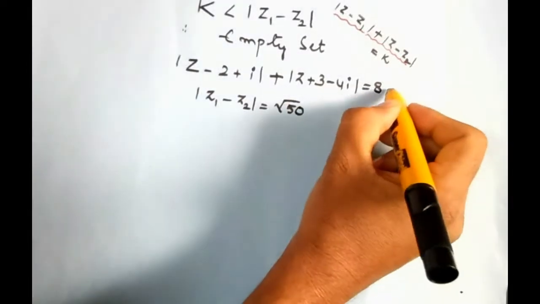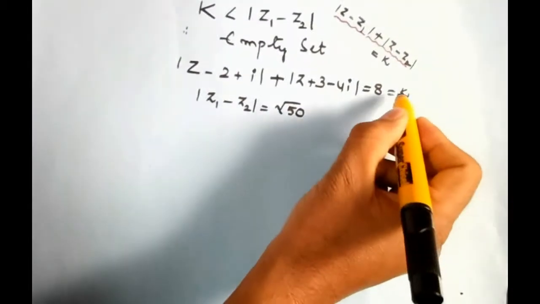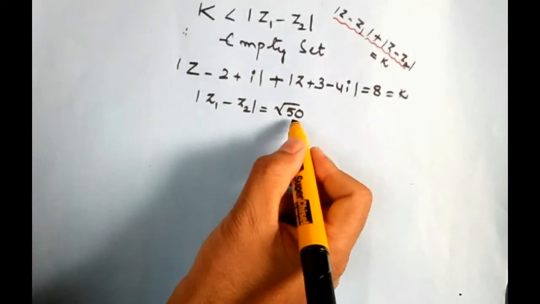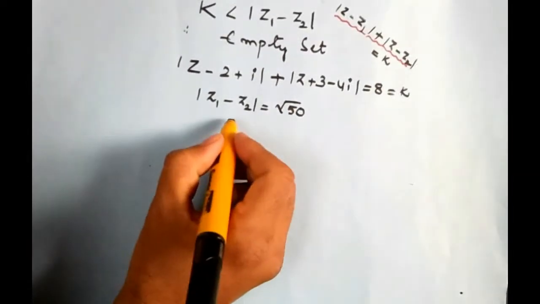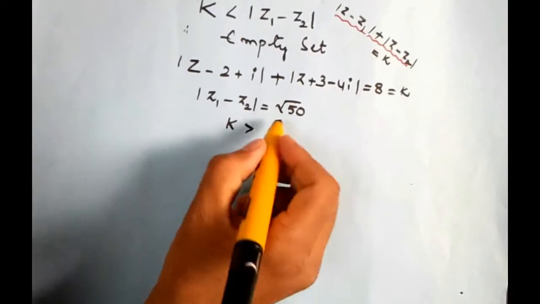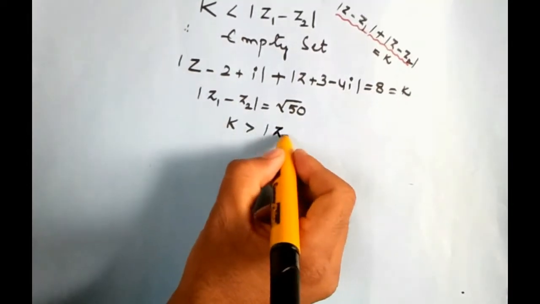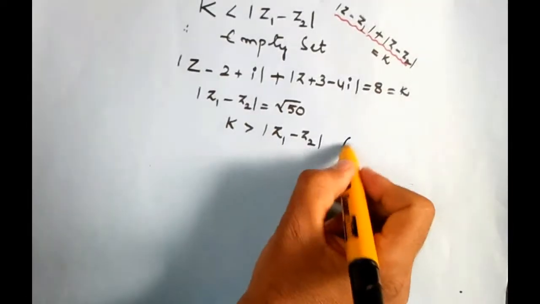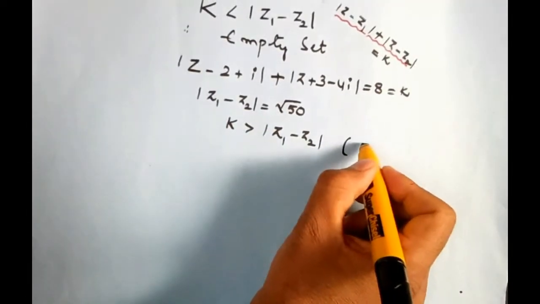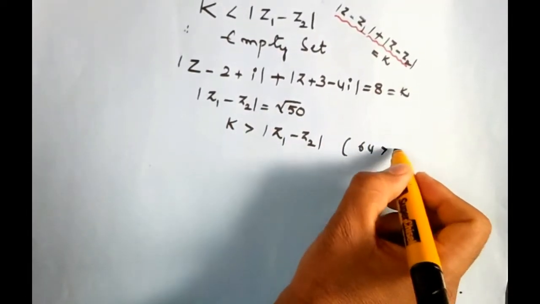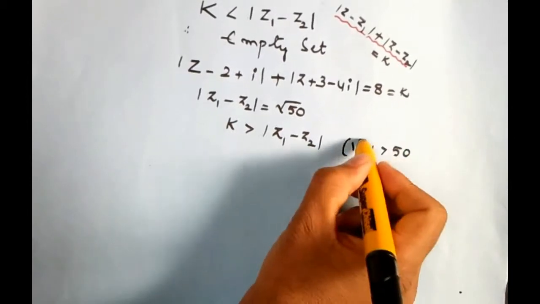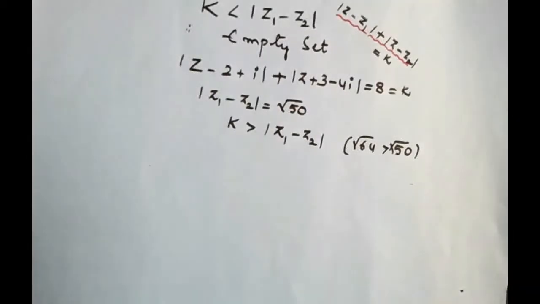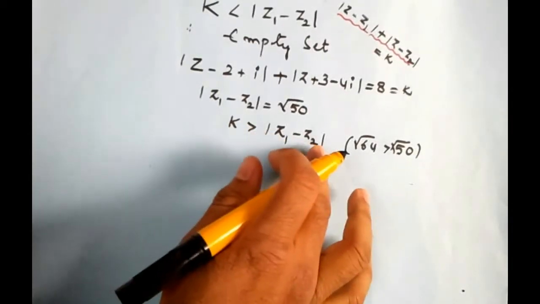Now you see here the value of k is 8, that is root 64. So root 64 is more than root 50 obviously. It's a basic observation, because 8 means root of 64 and 64 is greater than 50. That's why k is greater than modulus of z1 minus z2.